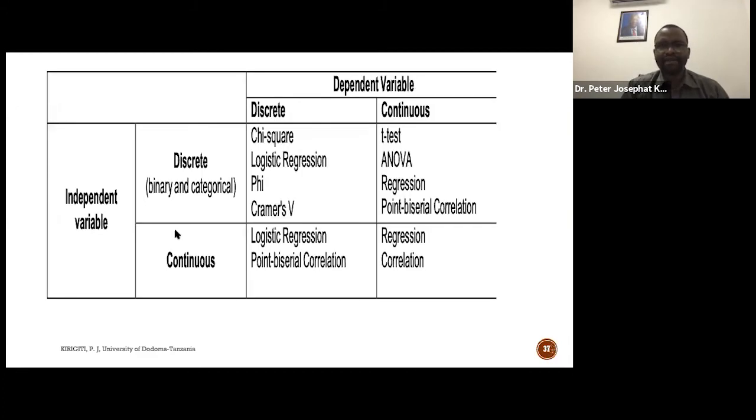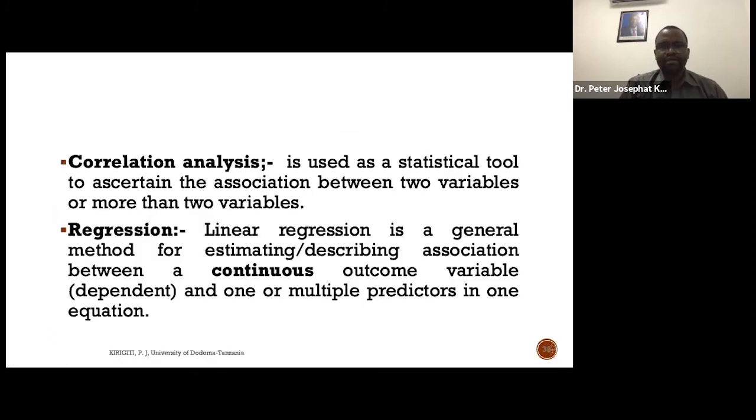Again, this is a summary of some of the test statistics in relation to the measurement scale, the discrete, the continuous, in relation to the nature of the variables, that is categorical or binary, as you can see here. So this is just a summary of the correlation and the regression.